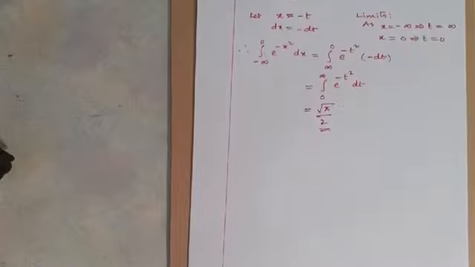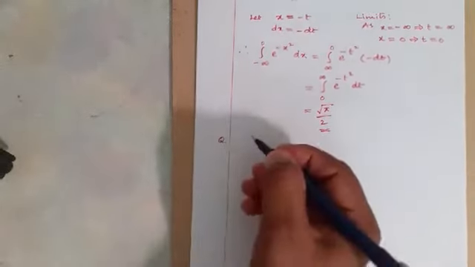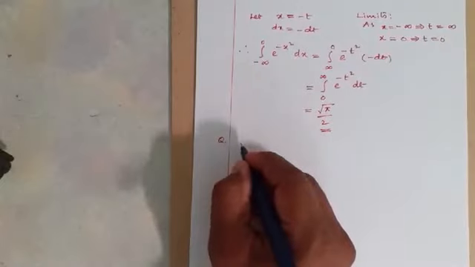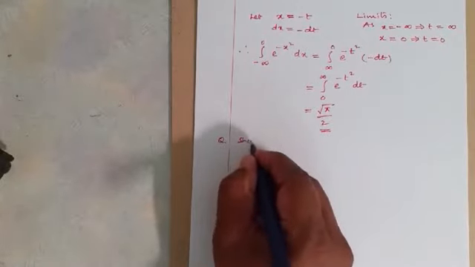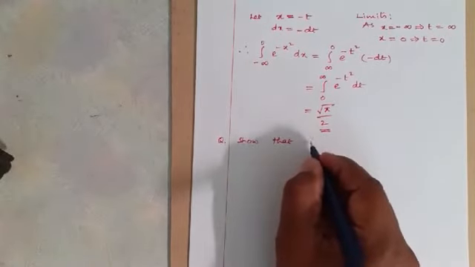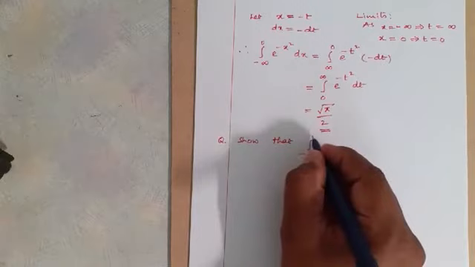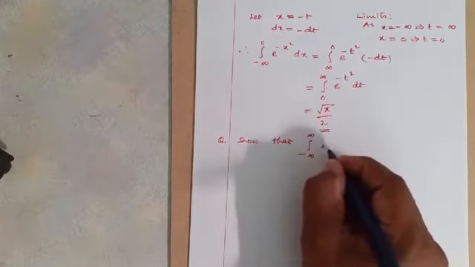Now next, this was asked mostly for 2 marks, so try to practice this. Don't neglect this, because this is also very important. The problems which I have collected from the previous question papers are repeated.